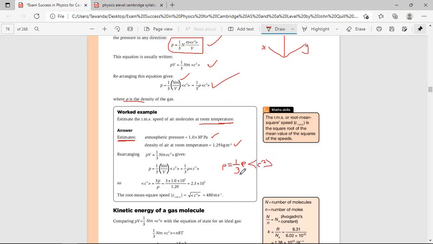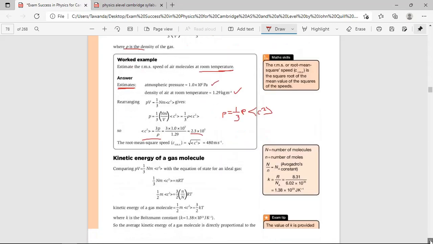If you make the mean square speed the subject, we say 3 times the atmospheric pressure divided by the density, and you get the mean square speed. But if you want the root mean square speed, we take the square root of this, and you get 180 meters per second.